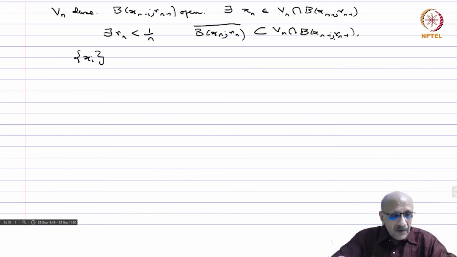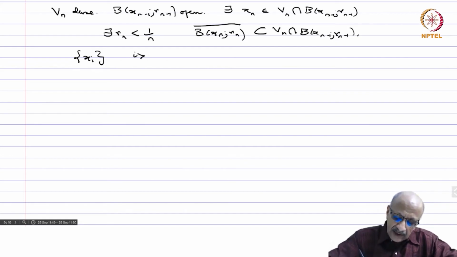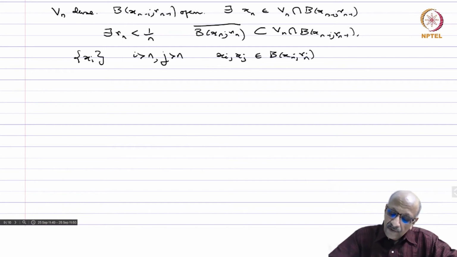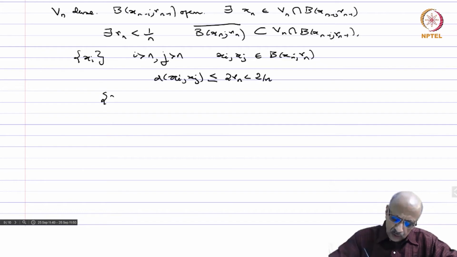So you have a family of decreasing balls, and therefore if you take any i bigger than n, j bigger than n, then x_i and x_j will belong to B(x_n, r_n), and therefore the distance of x_i and x_j will be less than or equal to the diameter, which is 2 times r_n, and that is 2 by n, and therefore x_i is Cauchy.